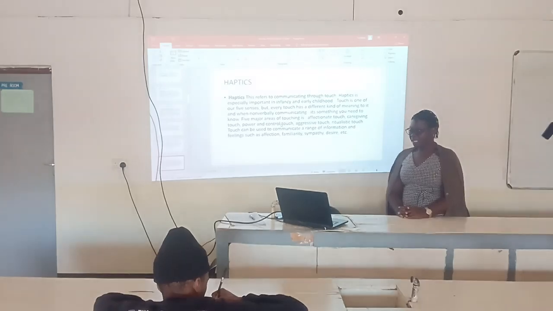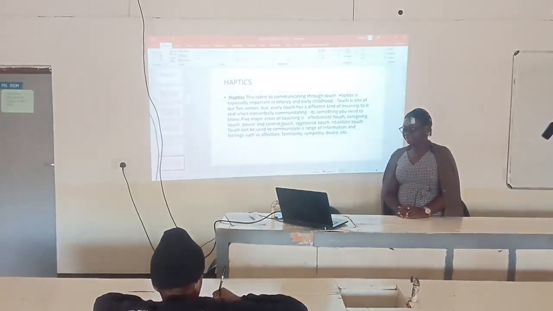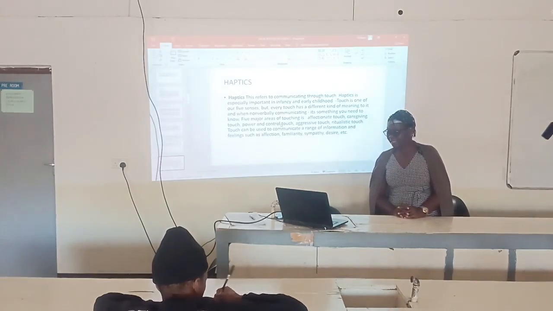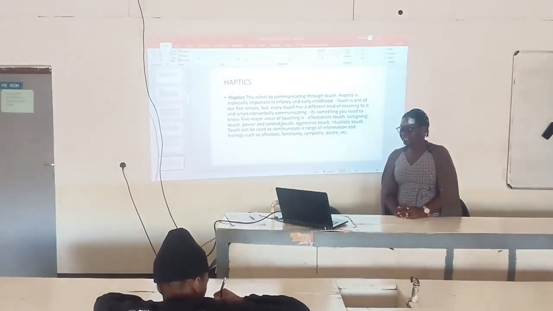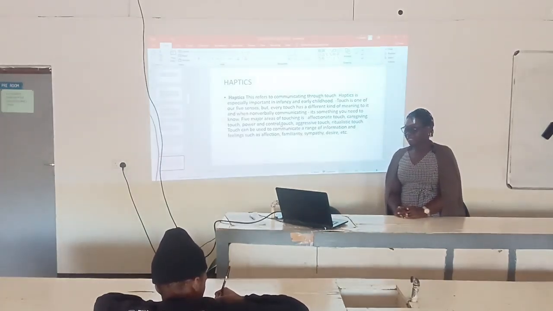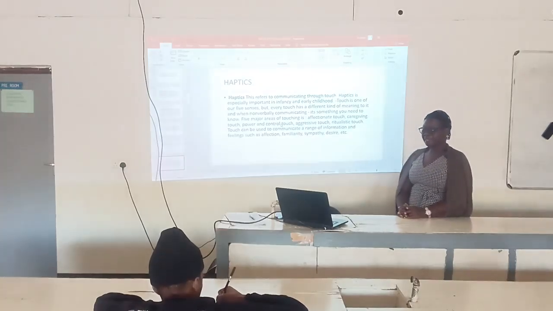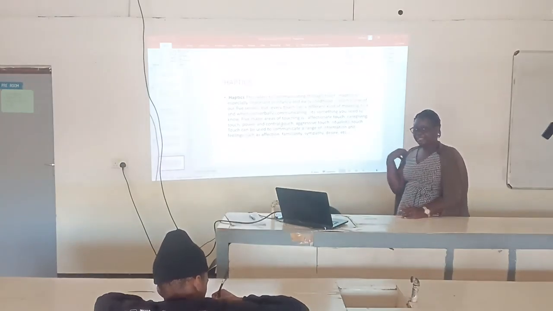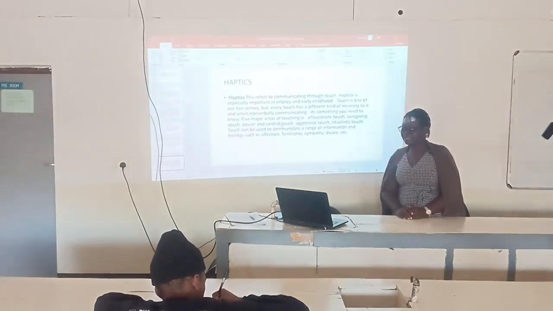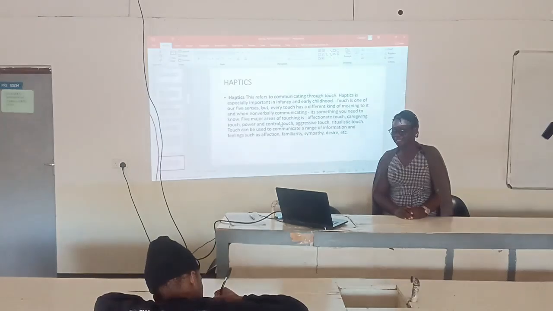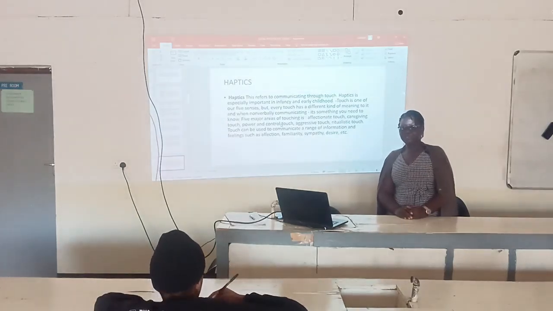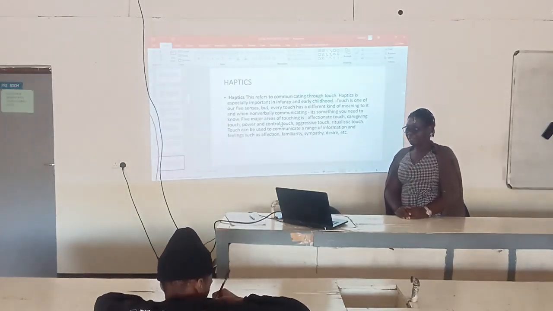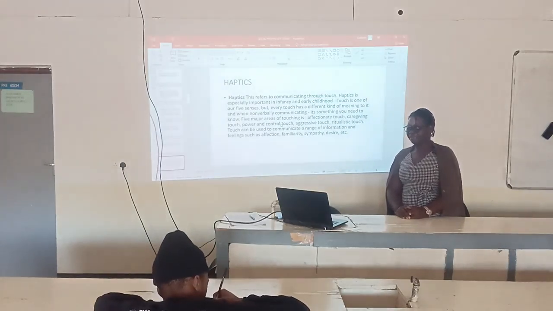As it says, touching has major areas: the affectionate touch, the caregiving touch, power and control touch, aggressive touch.